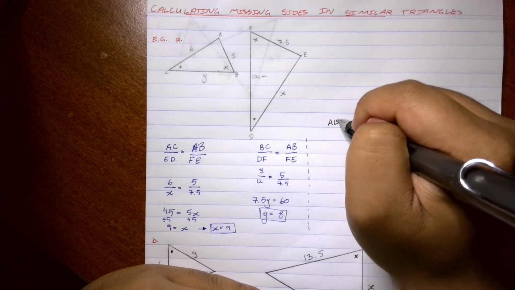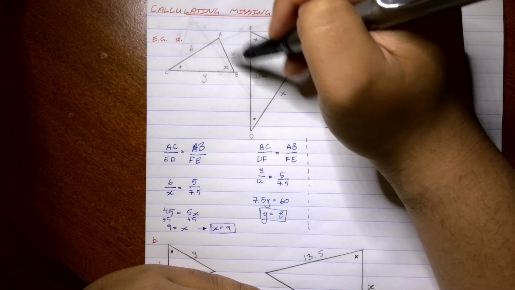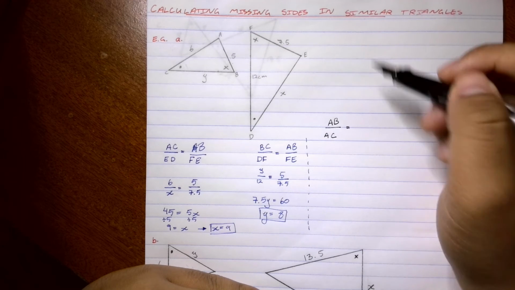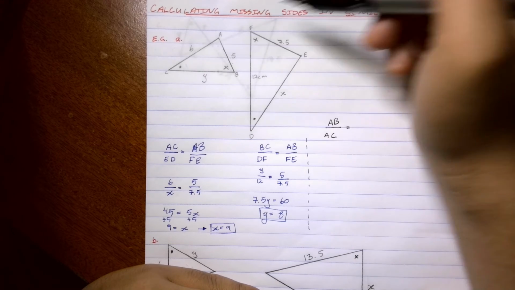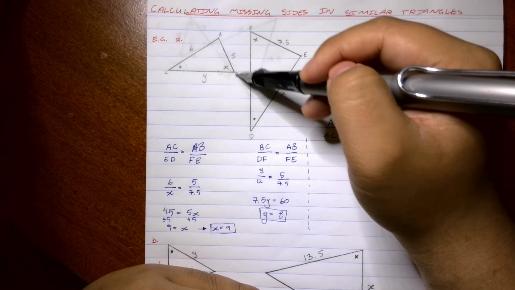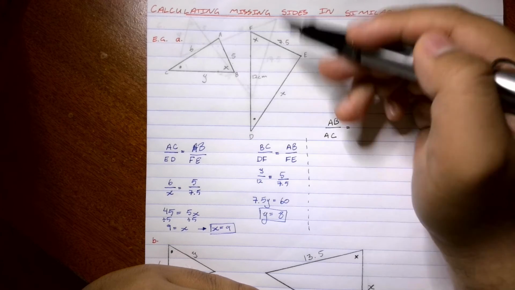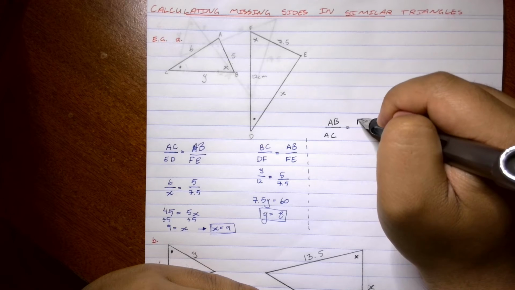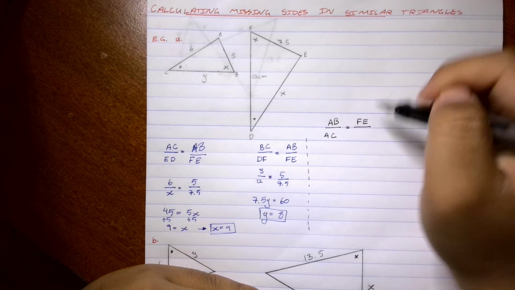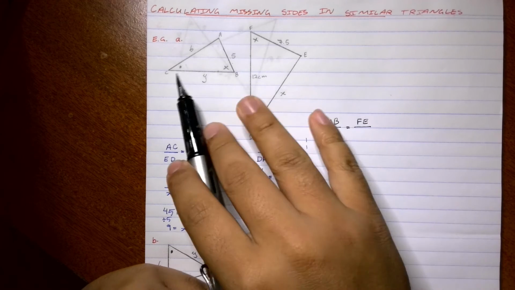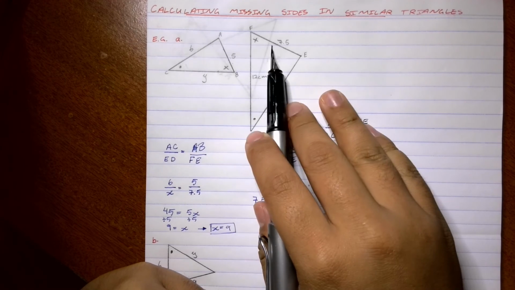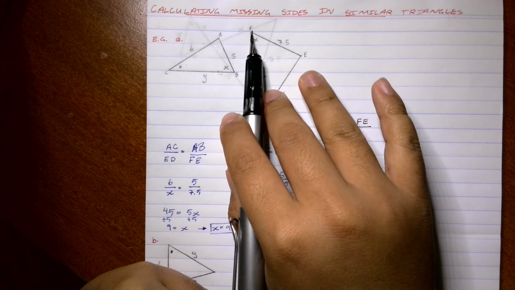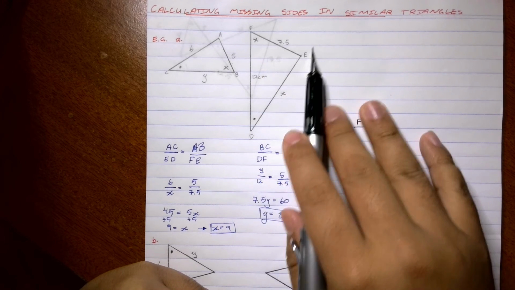Put AB over AC. Let's find the corresponding sides of these. AB is opposite the dot. Let's find the dot, which is FE, over AB is opposite the dot. AC is opposite the x, so opposite the x is ED.